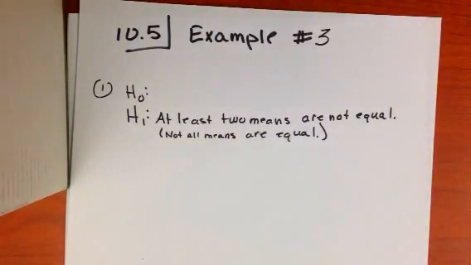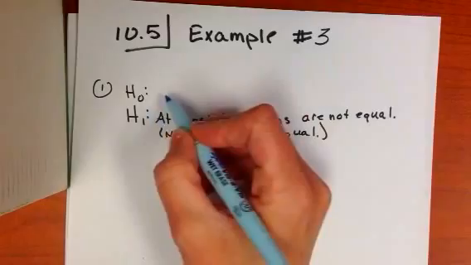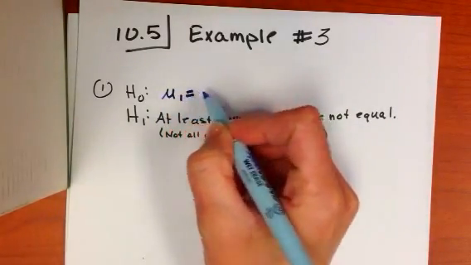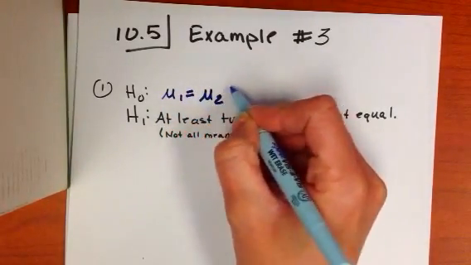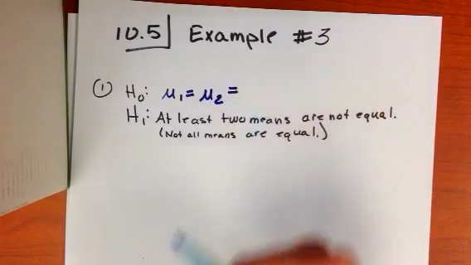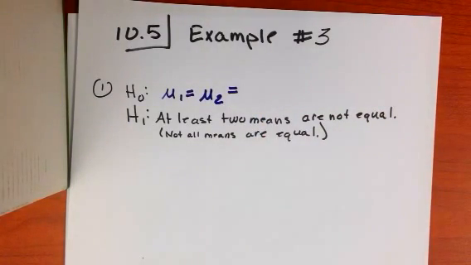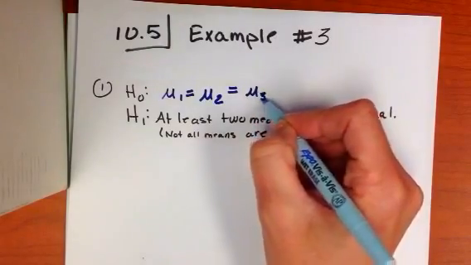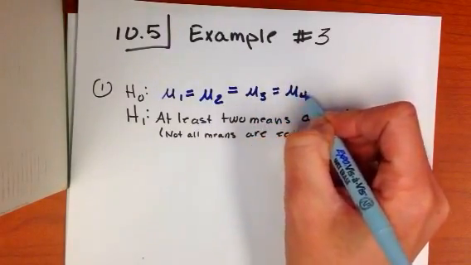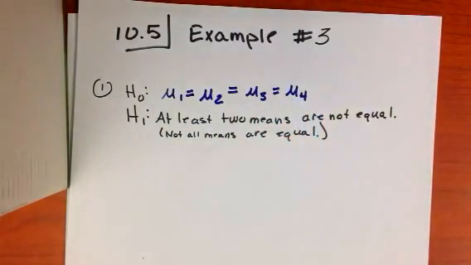So our null hypothesis is that we're going to assume that all 4 of those population means, or the population mean annual profit per employee in each of those groups is equal.